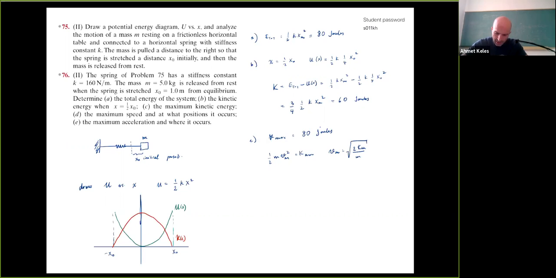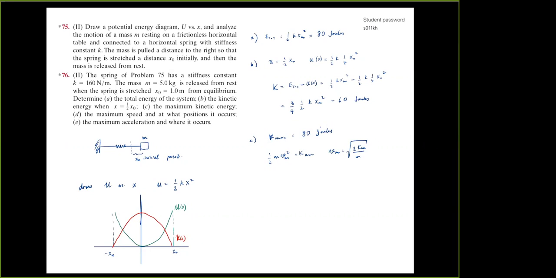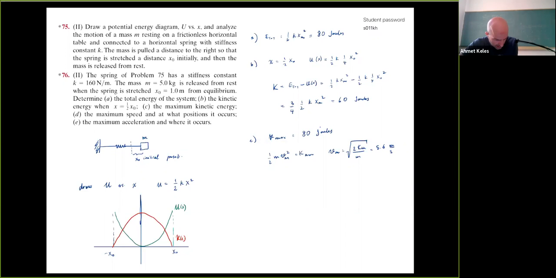So 2 times 80 divided by m, where m is 5, and I need to take the square root: 5.6 meters per second. So that's D, maximum speed, and it occurs at x equal to 0.